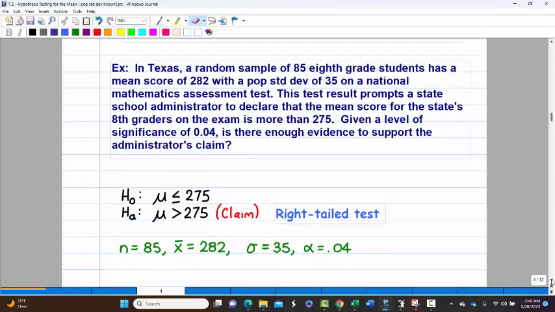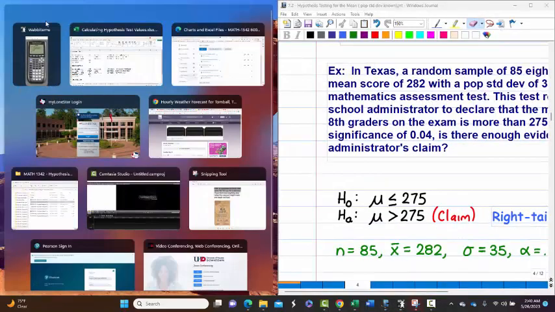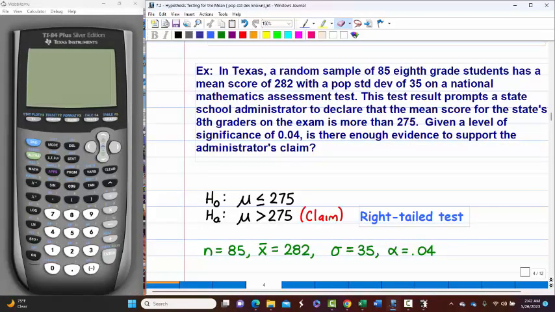All right, so there are our numbers. Let's go to the calculator. All right, so I brought the calculator back up. I accidentally exited out, so I don't want to waste any time opening that up, so I paused the video. Z-test.